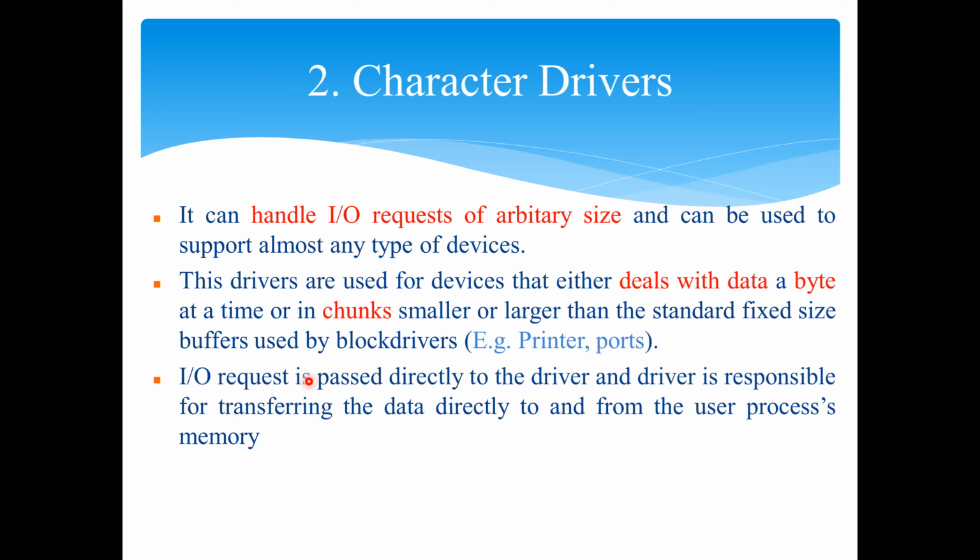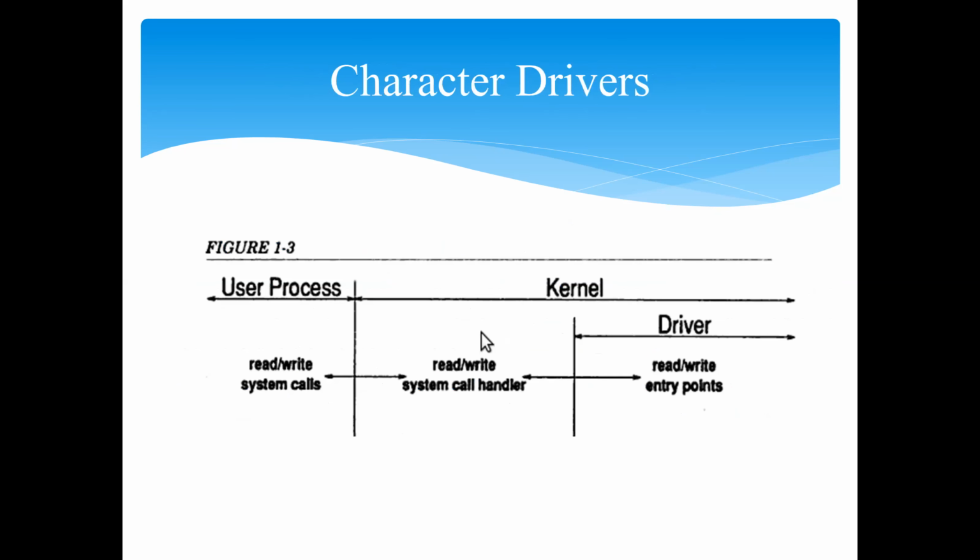So here what happens is there is no buffer cache. The request is sent directly to the driver, and the driver is responsible for transferring the data back to the user. Let us look at the diagram. Here you can see from the user process, you have the read or write system calls. So you have the read or write system call handler inside the kernel. The request is directly sent to the driver. The driver will have entry points, which we'll see. What is an entry point?